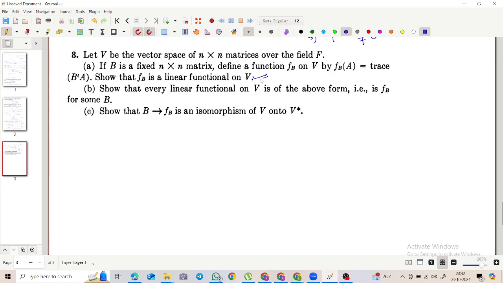Part A you can do. Show that every linear functional on V is of the above form. That's a tremendous result. So let B be, I think, extremely non-trivial, isn't it?